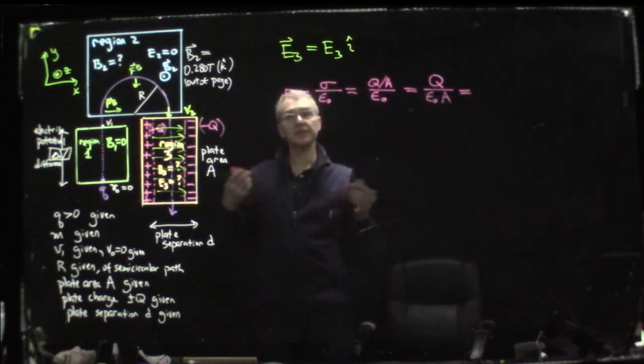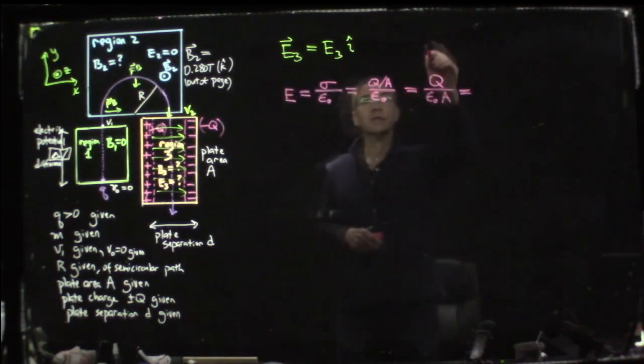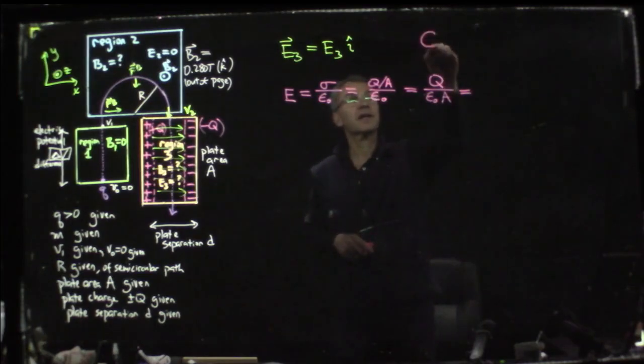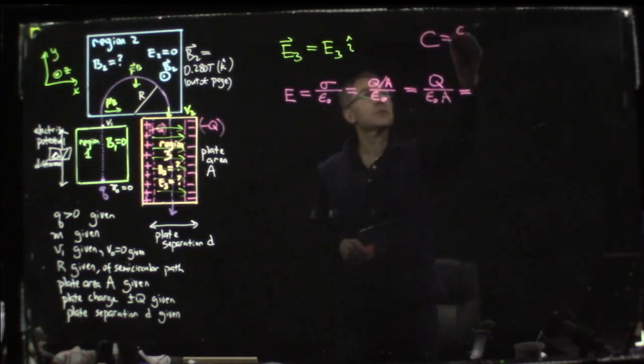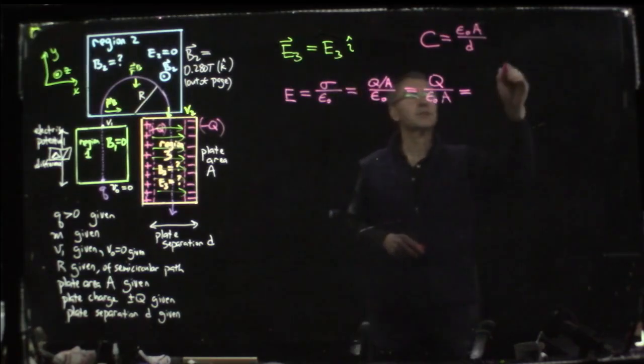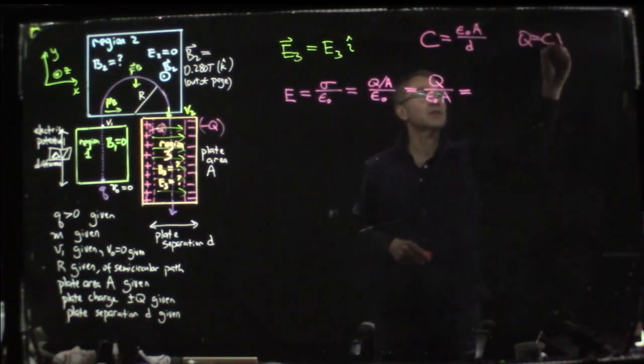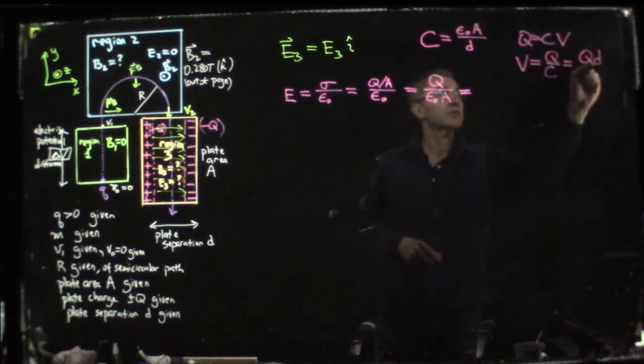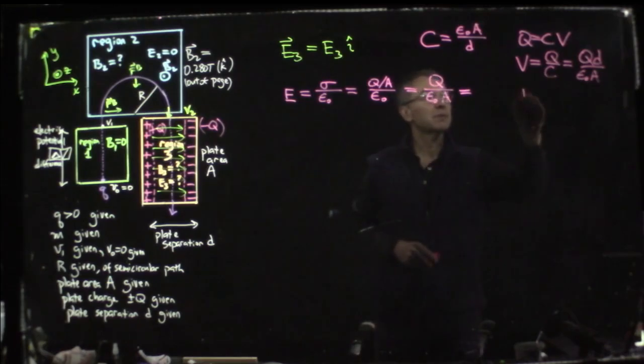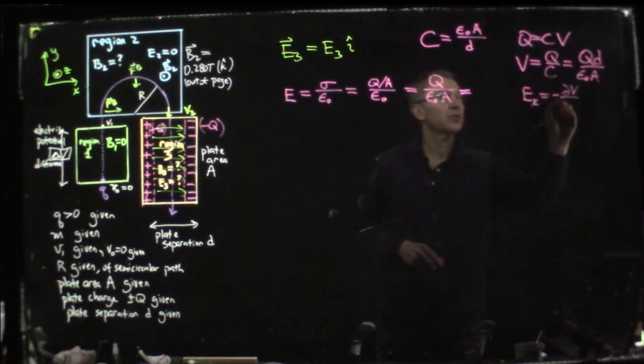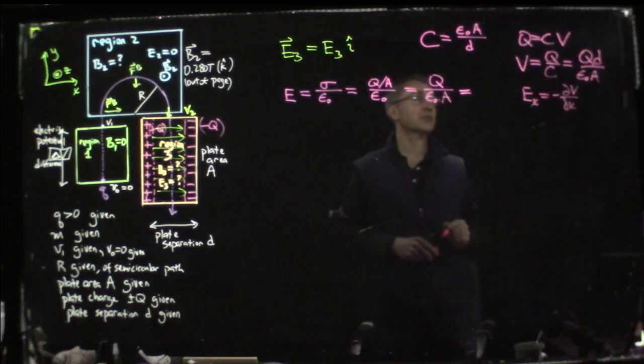Another thing we could do is we could remember that a parallel plate capacitor has capacitance equals epsilon naught times area over distance. And then we could remember that Q equals CV, so the voltage is Q over C, which would be charge times separation distance divided by epsilon naught A, and then we might remember that the electric field in the x direction is minus the derivative of the electric potential with respect to x.